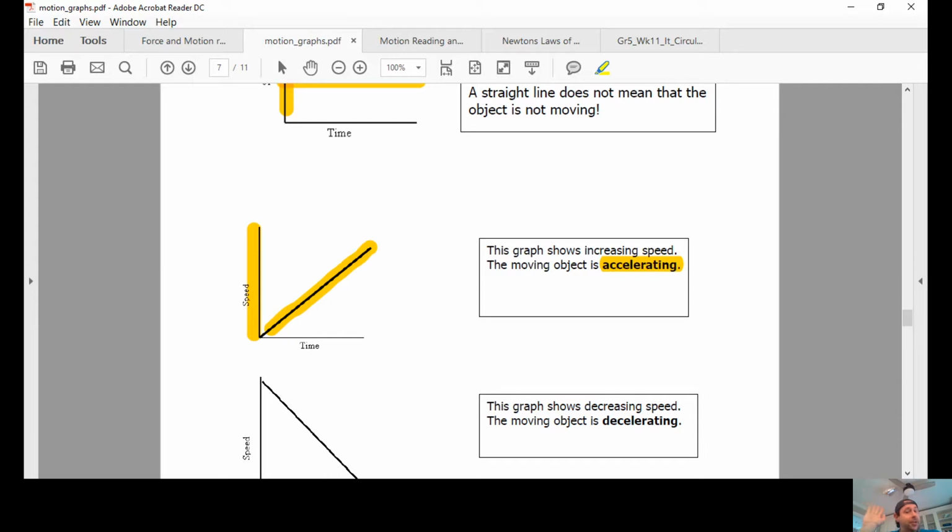And that's very strange, I know. I haven't fully wrapped my head around that, and it's been 10 years teaching this stuff. So this is where we're gaining speed. We actually see the speed going up.